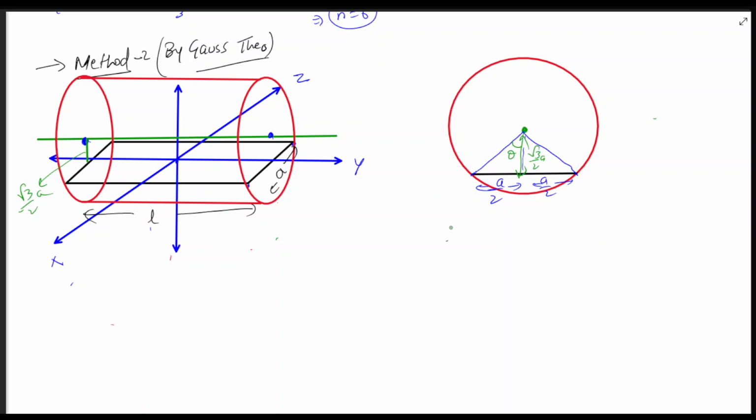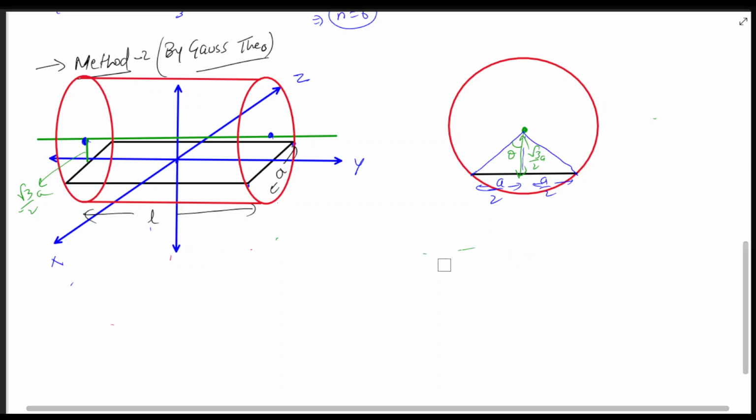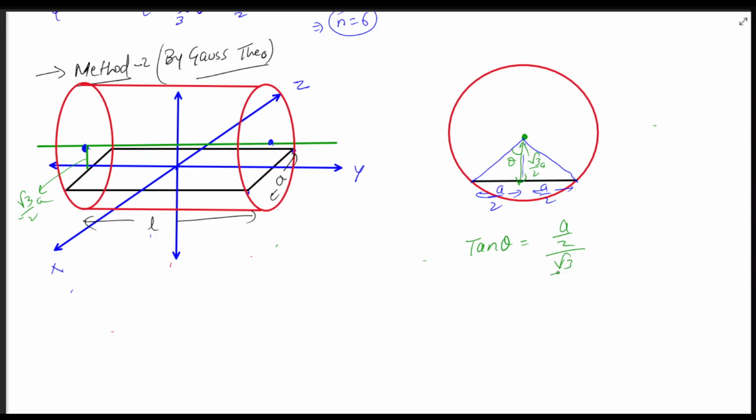So if I say this is theta, we'll write tan theta as a by 2 divided by root 3 by 2a.